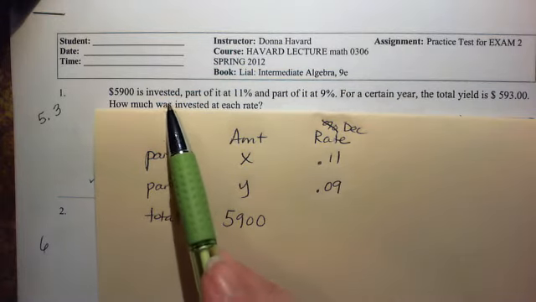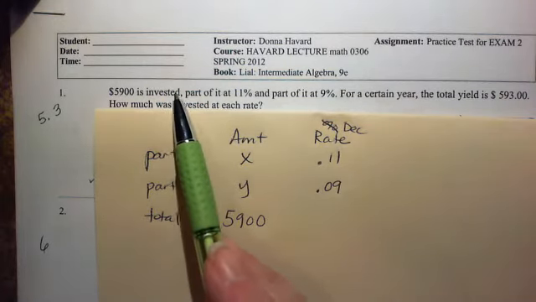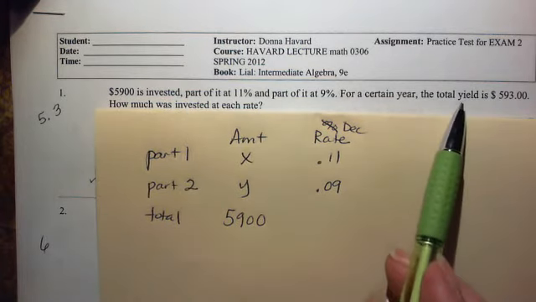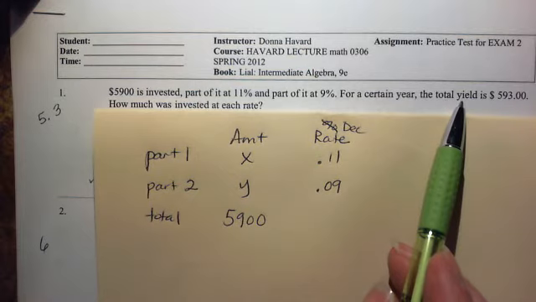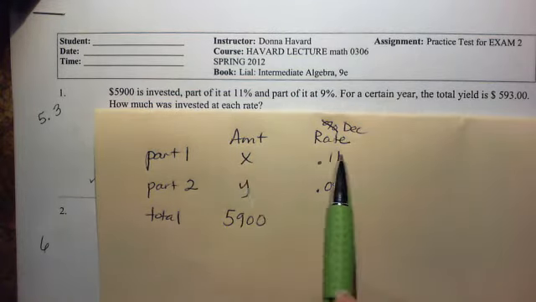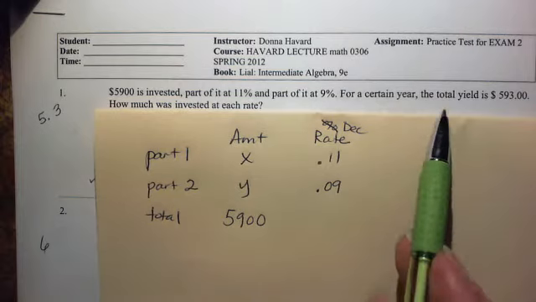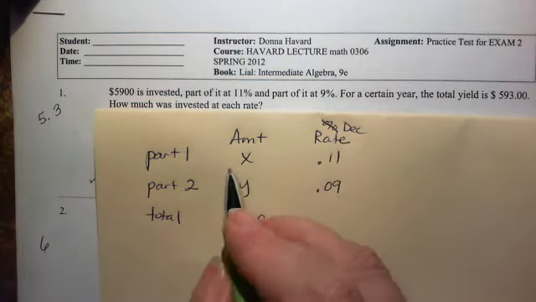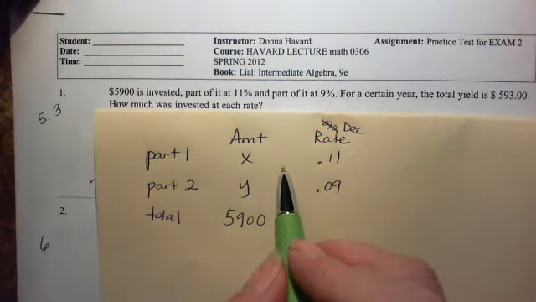Now when we invest something, what's the point of investing something? We're interested in earning money on that investment, aren't we? So this yield right here is what we earn on the investment. So we have earnings on part 1 and part 2. It says the total yield, so the earnings from part 1 and part 2 will total a certain amount. How do we express the earnings for part 1?